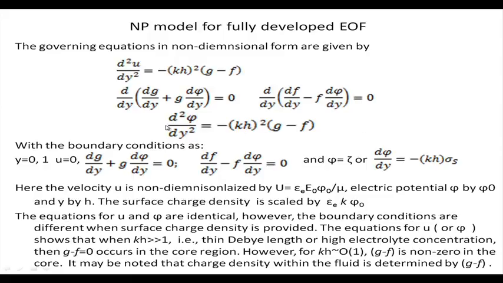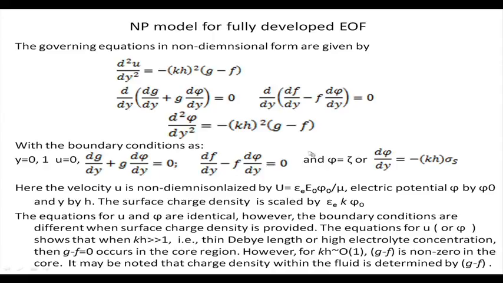Also, these two equations, the u and phi equations, have the same form, but they have different boundary conditions. But if I choose the boundary condition as phi equal to zeta, one main thing is that for the electric potential, only the gradient is important.